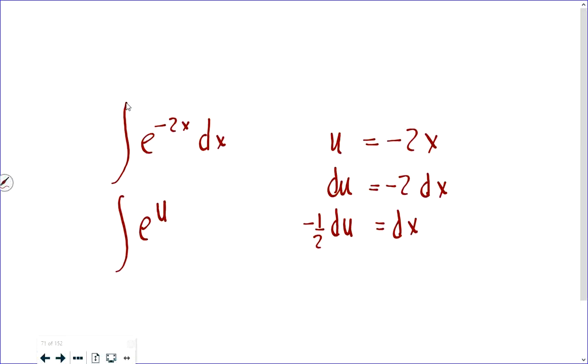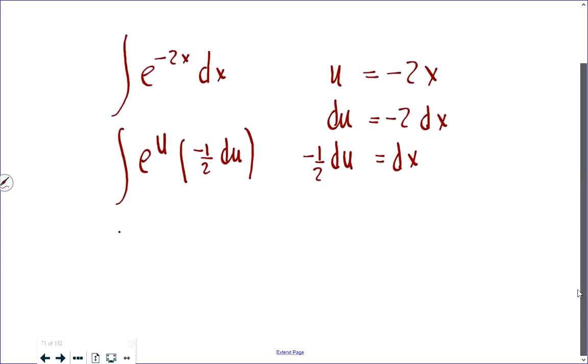The dx becomes negative 1/2 du. You move that negative 1/2 out in front. And you say, well, the antiderivative of e to the u du is e to the u.